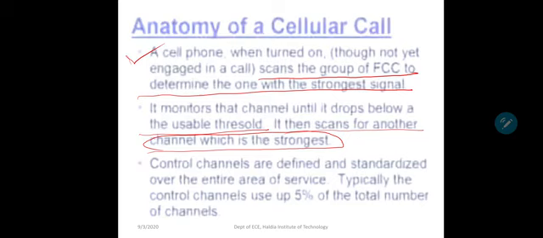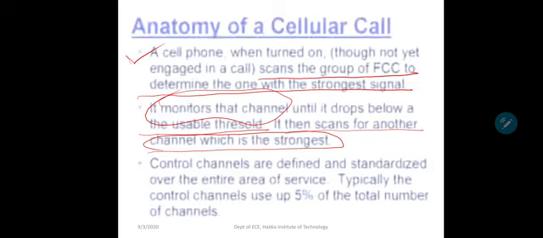This is also practically observed: if you are traveling very close to the vicinity of an adjacent cell, or you are not even traveling, you are simply staying, the cell information display of a mobile phone changes its location from one cell to another even if you are not moving. This is happening because there is continuous scanning or monitoring of the channels, and accordingly this monitoring finds out which channel has the maximum strength, and correspondingly it connects to that.